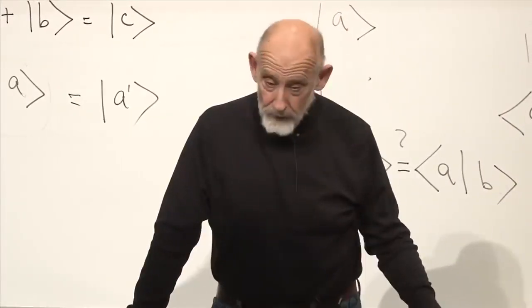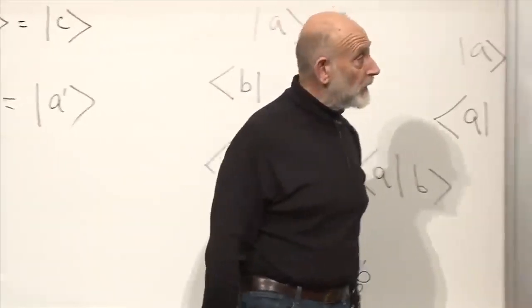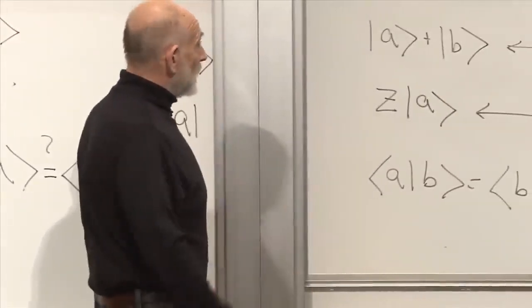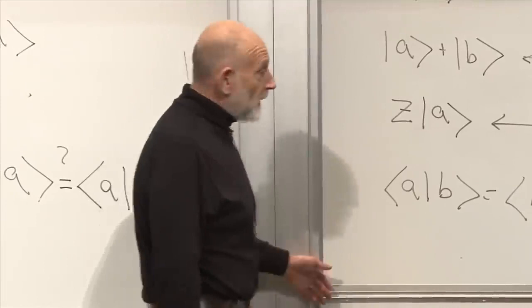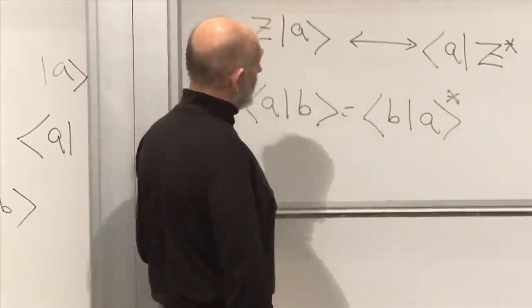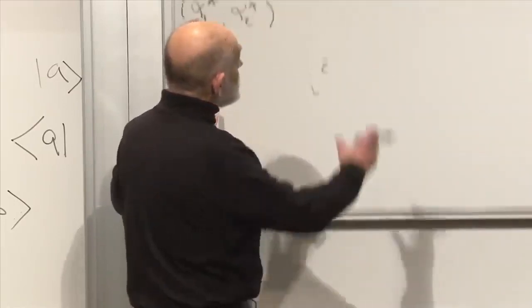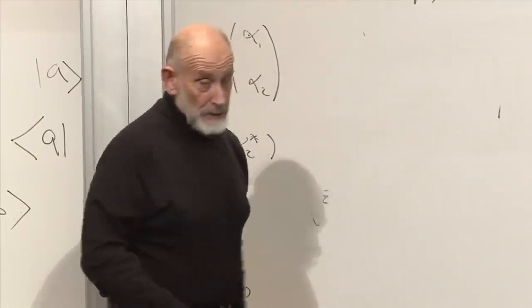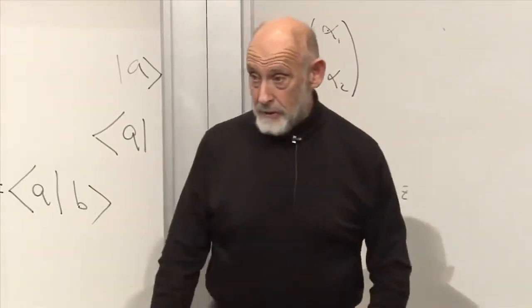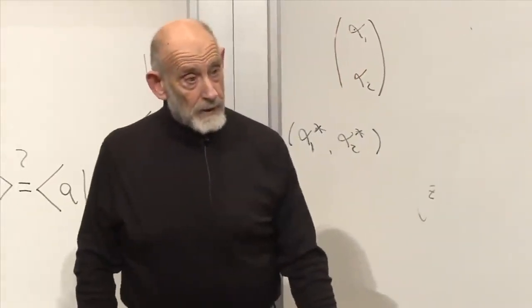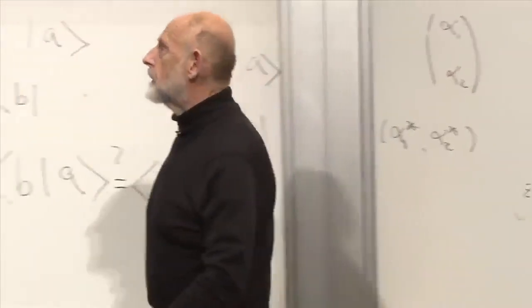But yes, you could certainly define such a thing. It's not a commonly defined thing. It doesn't seem to have a lot of use. This structure occurs over and over in all kinds of places, not only quantum mechanics. Complex vector spaces are very, very common things in mathematics.